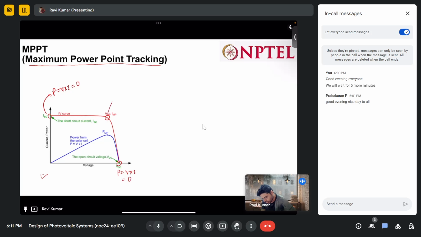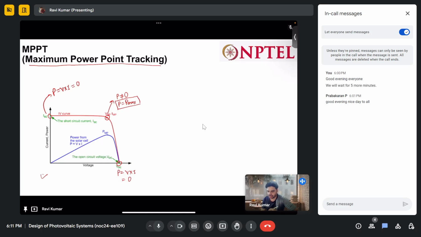But at this point, the power will not be equal to 0. This power will be P max. It means at this particular point, the power obtained will be the maximum power. So it is all about tracking this point.